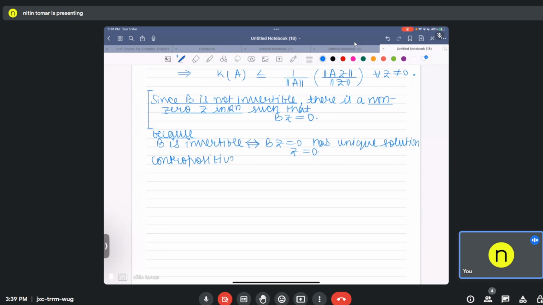So B is not invertible if and only if there is a non-zero z such that Bz is 0. And this is precisely what we have written. Is that fine now? Yes, sir.